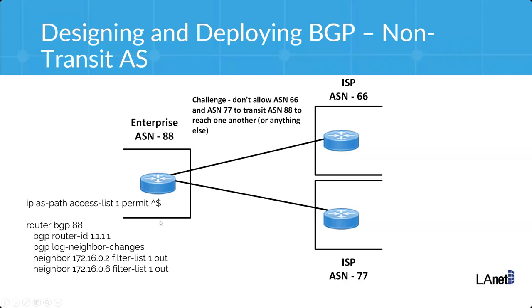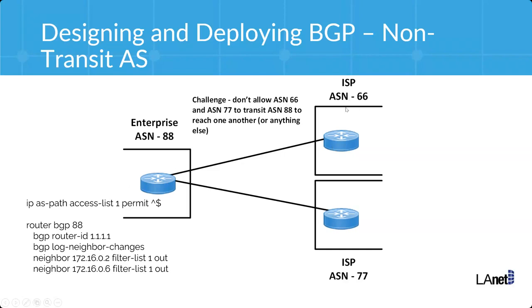And then in the configuration, you can see that this filter list is applied outbound. So what does that mean? It means I'm only going to allow prefixes that have no ASPath at all out to my two ISPs.